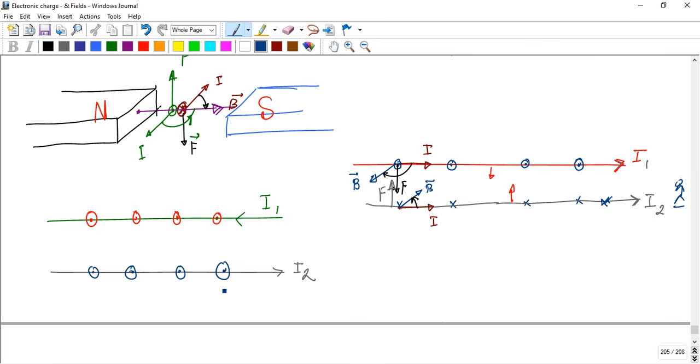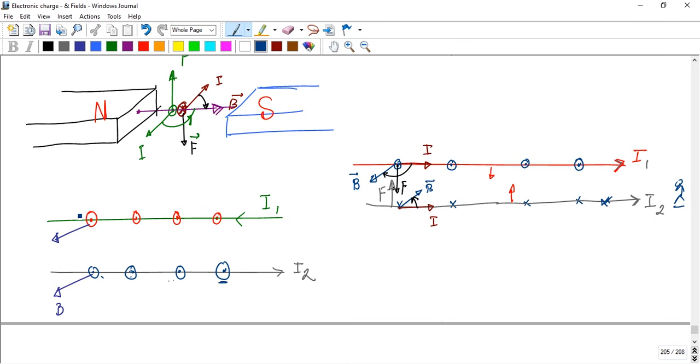So the magnetic field dots are generated by the I1 wire, and these dots are generated by I2, because the current passing through a wire generates a magnetic field, and both are dots in the same direction.